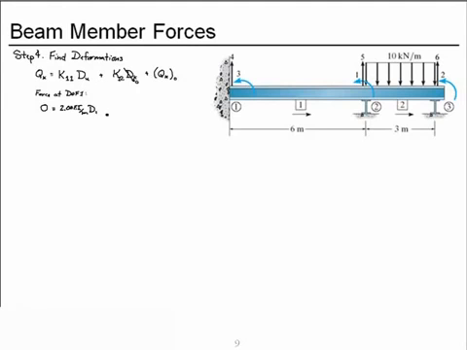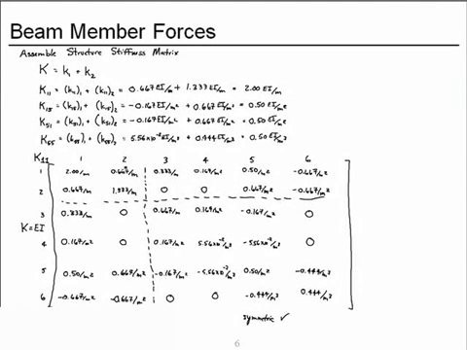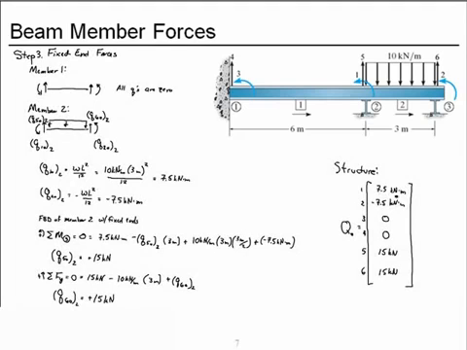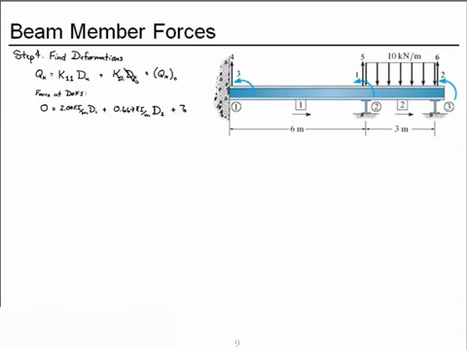That's times deformation at degree of freedom 1, to which we add coefficient 1, 2, because we're looking for the force at degree of freedom 1 due to deformation at degree of freedom 2, and that's times the deformation at degree of freedom 2, and we add the fixed end force for the structure at degree of freedom 1, which is a positive 7.5 kilonewton meters. And this we'll call equation 1.